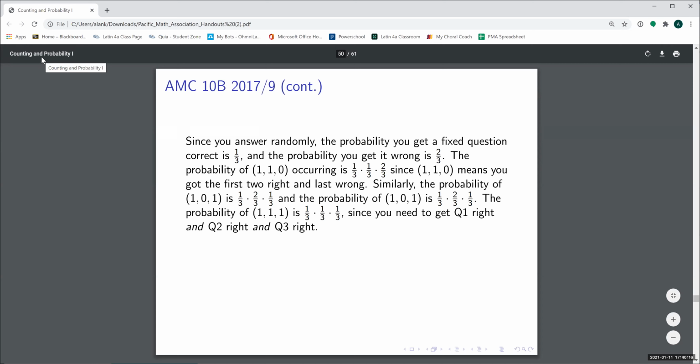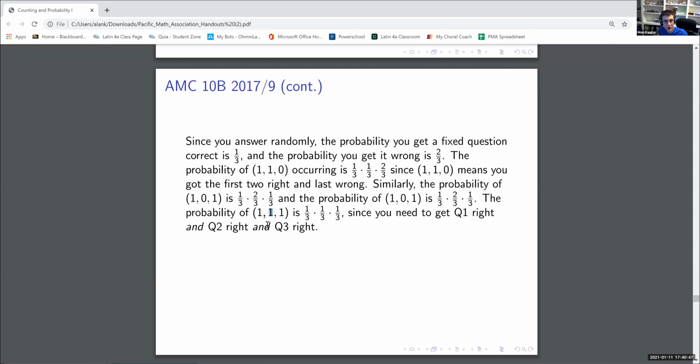You could sort of think of it as, let's take this 1, 1, 1. The probability that you answer the first question correct is 1/3. And in that specific scenario, the probability that you answer the second question correctly is one third of one third, or one third times one third, 1/9.